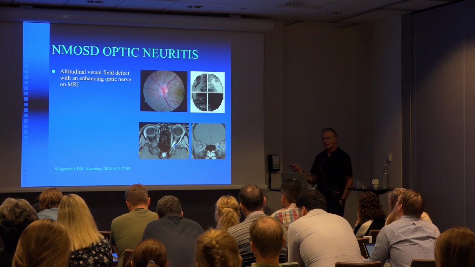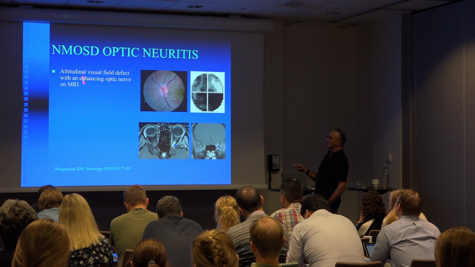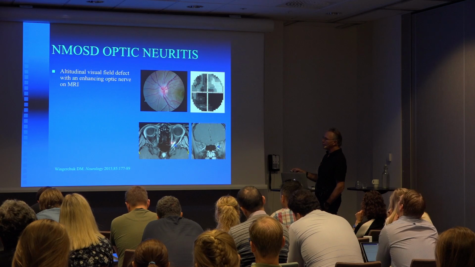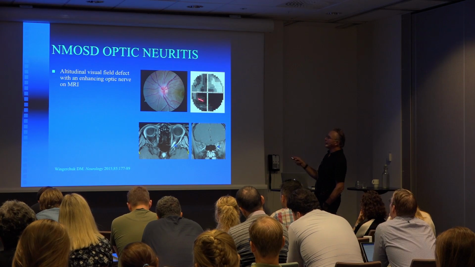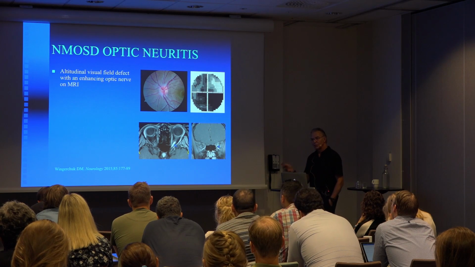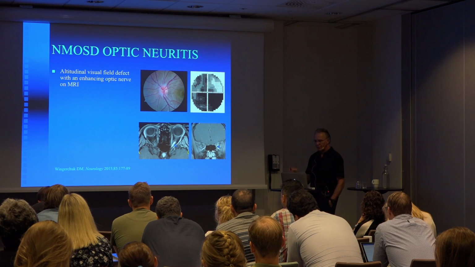I told you earlier that multiple sclerosis optic neuritis can produce altitudinal loss, but if you have this kind of bright signal and an altitudinal loss in an optic neuritis case, it's going to point you toward neuromyelitis optica. This is one of the markers that pushes you in that direction.